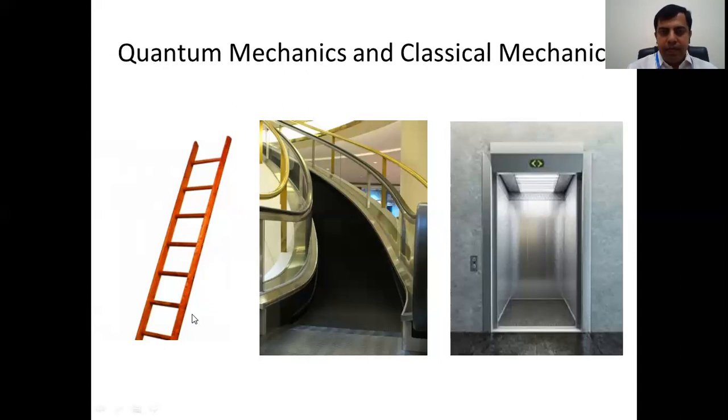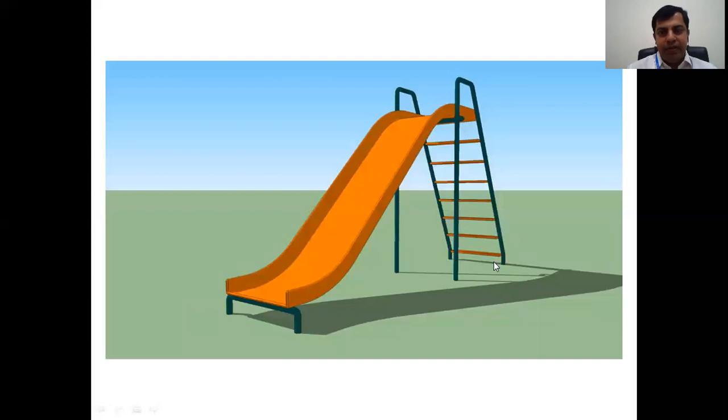So again, here is another example. This is the slide. If you are moving up using the stairs, each step is there and you are bound to follow these steps.